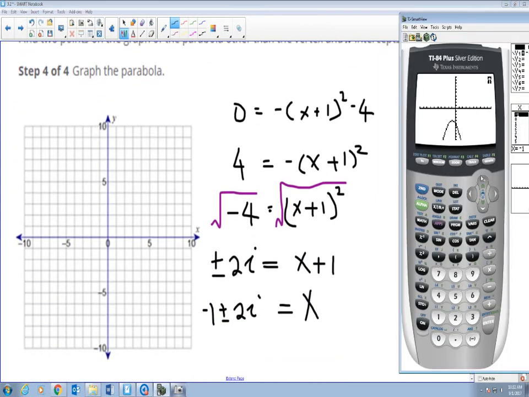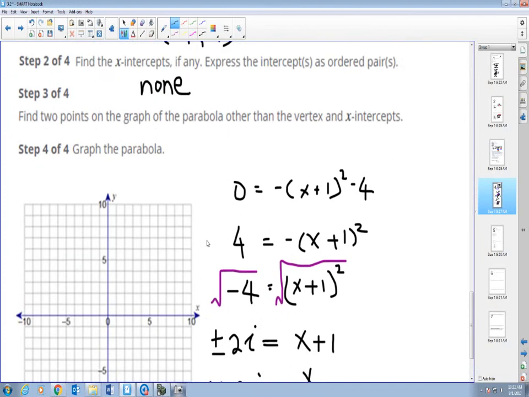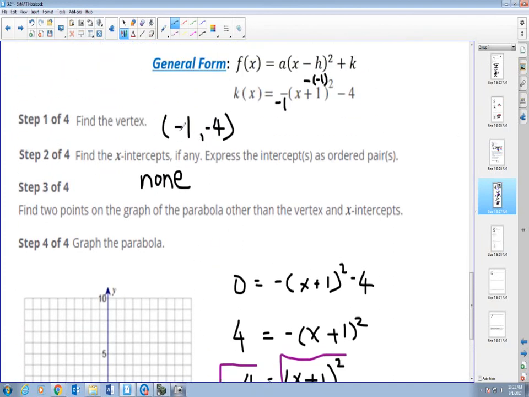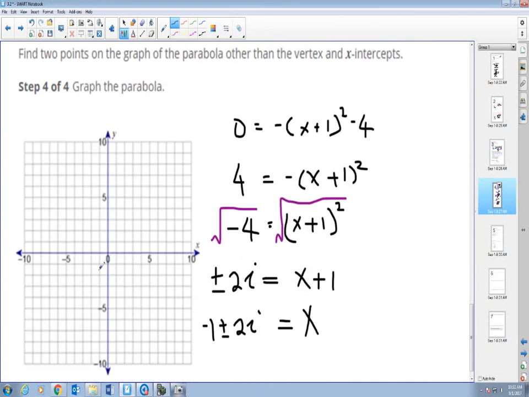Okay, so we can extract points from here. Let me go back here real quick. Remember the vertex, -1, -4. I'll show you this. So the axis of symmetry, -1, -4 is right here.